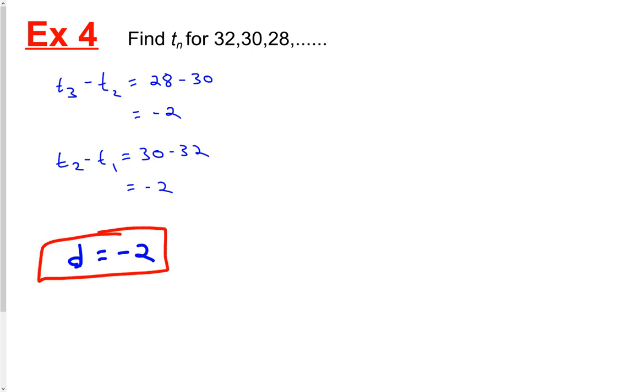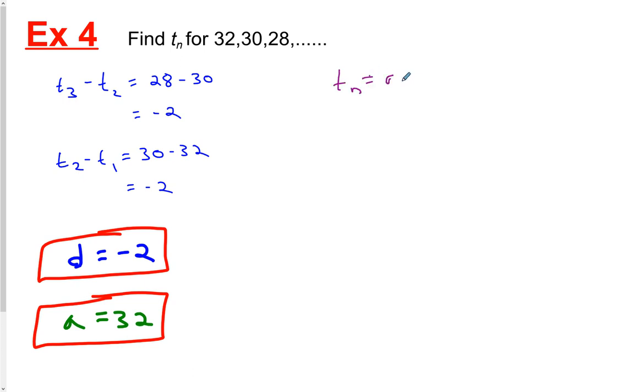Cool. Do I have a starting value? Yes, I sure do. It's 32. So now that I have those two, I can plug them into my formula to try and find a general term. So my general term is going to be my starting value plus n minus 1 times my common difference.